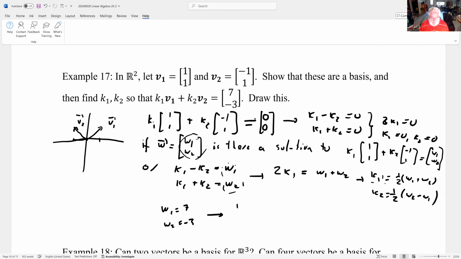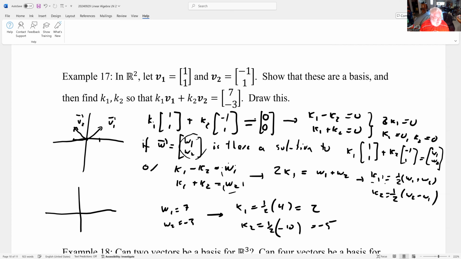That means that K1 should be 1/2 (W1 plus W2). So it should be 1/2 of 4. And K2 should be 1/2 of W2 minus W1, minus 3 minus 7 is minus 10. It's minus 5. So if we go, V1 is like this.